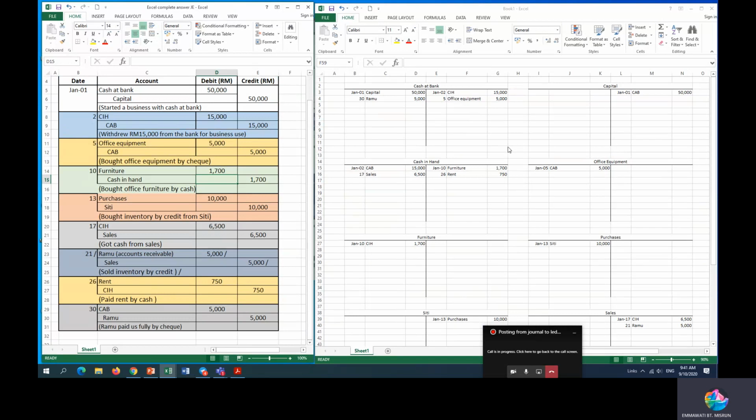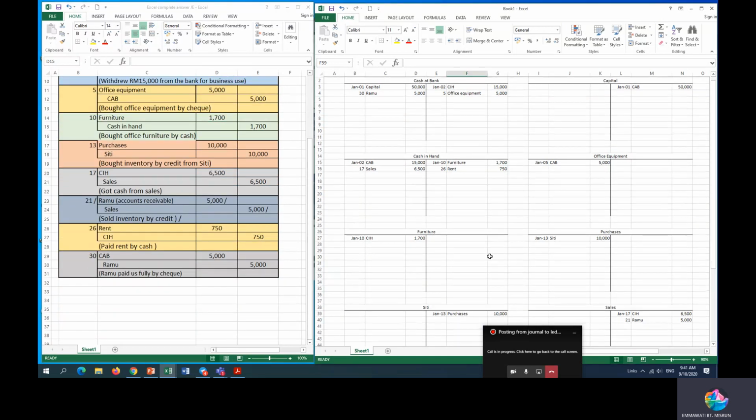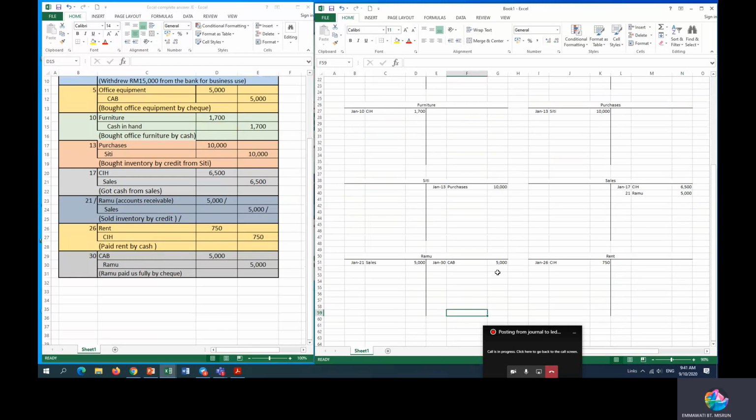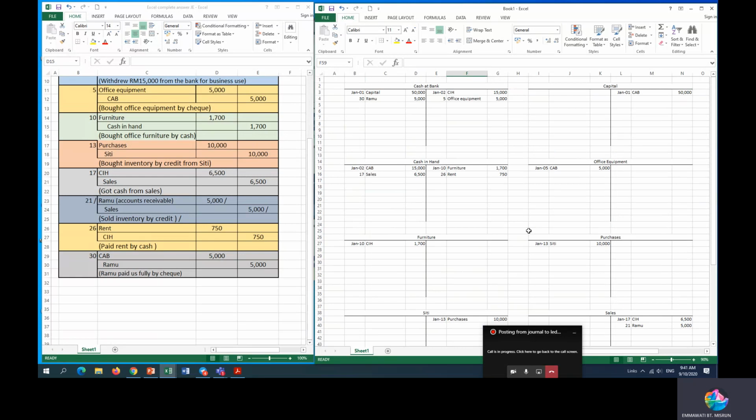If you do the counting here, we have 2, 4, 6, 8, 10. We have 10 different accounts in the ledger entries. So what we have done so far is the posting from journal to ledger, which also means that you have opened your accounts.